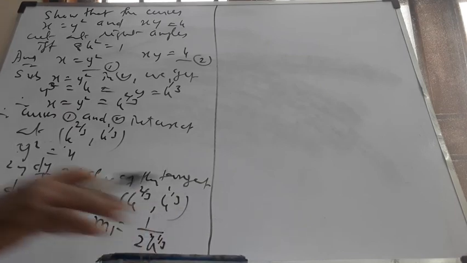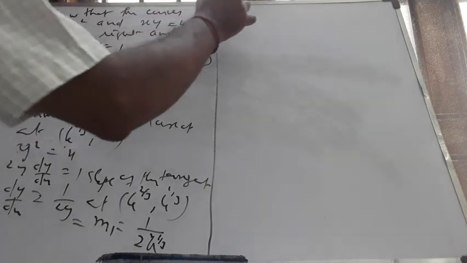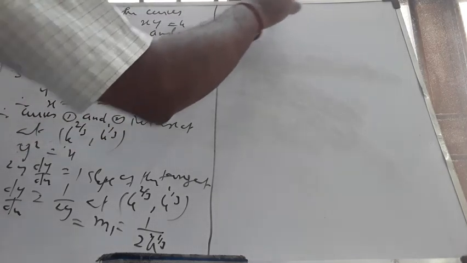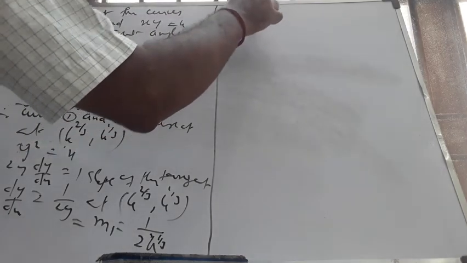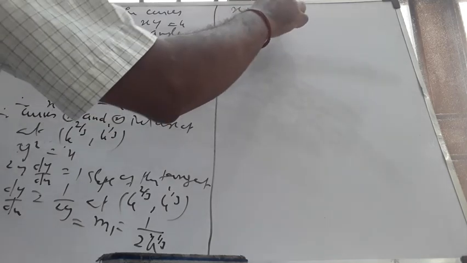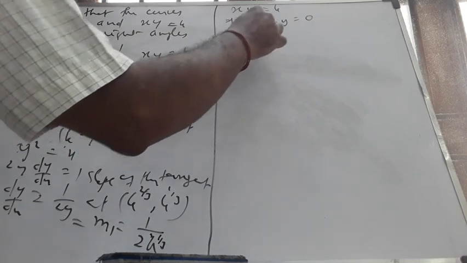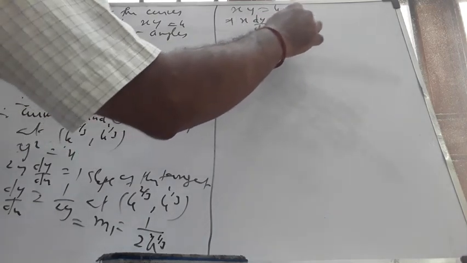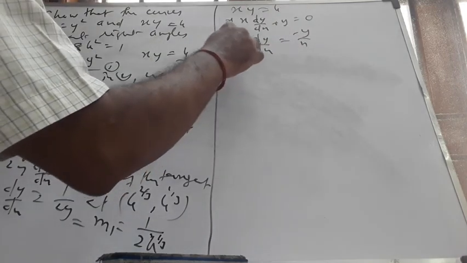Now similarly xy is equal to k implies x dy by dx plus y is equal to 0. Therefore dy by dx happens to be minus y by x.